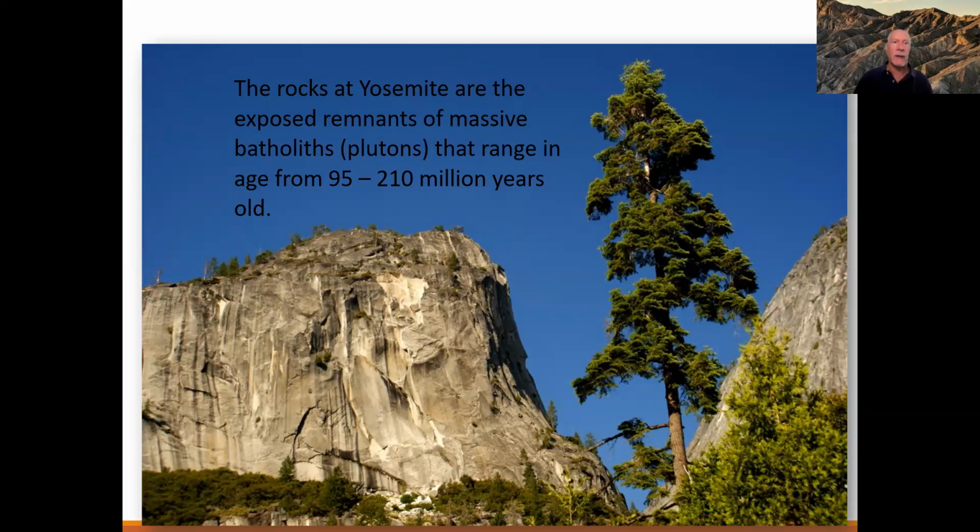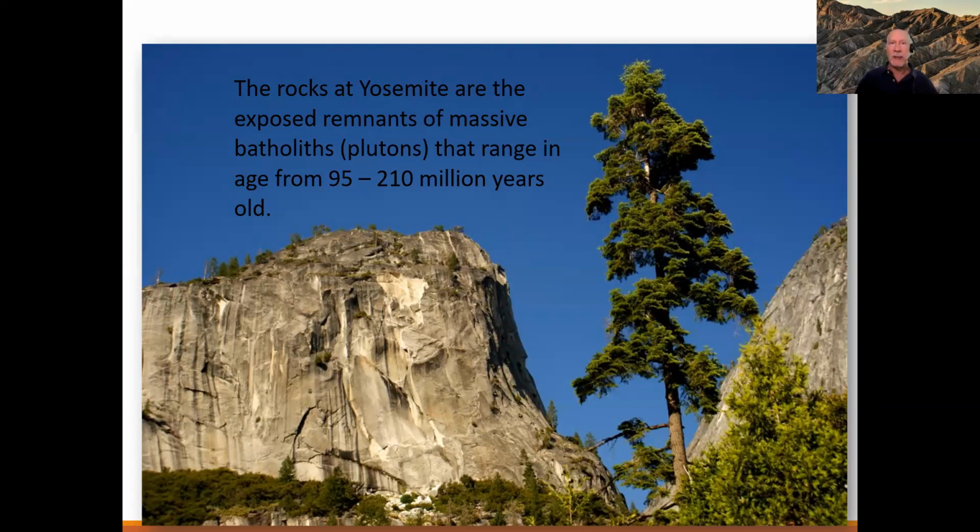And this would have started out 210 to 95 million years ago as big blobs of magma underneath what is now California. And slowly over time, these magmas cooled and formed the rocks that we see at Yosemite today. And then later in the Cenozoic, this whole region was uplifted. These magmas formed deep underground, maybe several miles underground.